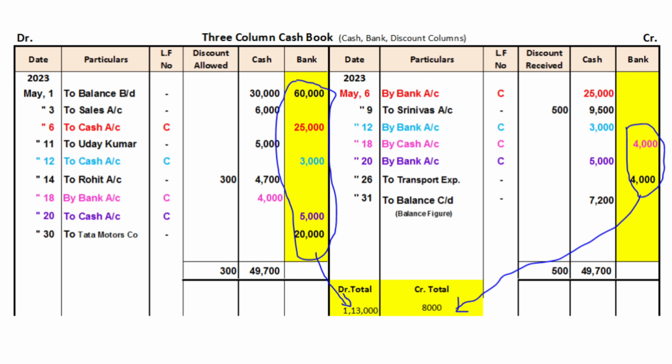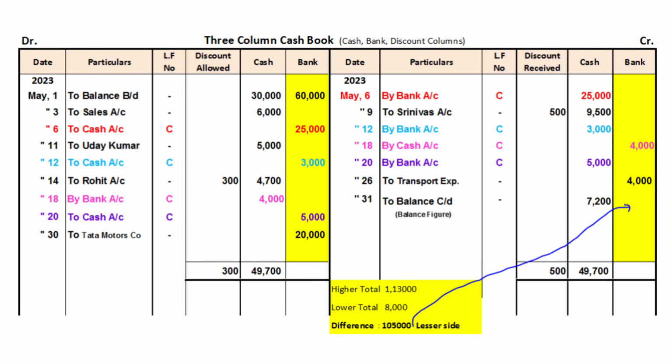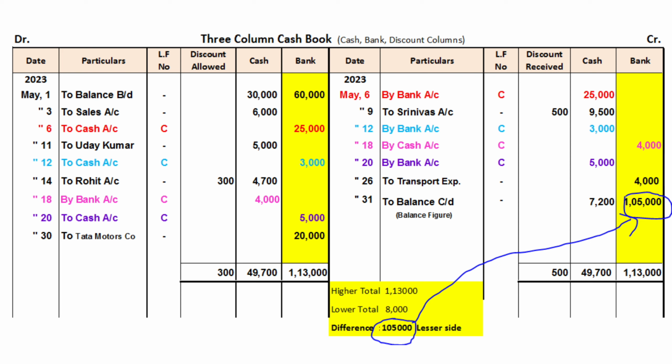The same procedure will be followed to make the balance of bank also. First find out the debit total and credit total of the bank column on both sides, and the higher amount should be recorded in the total box on both sides. Then after finding both the totals, the lesser amount should be deducted from the higher amount to find the difference.